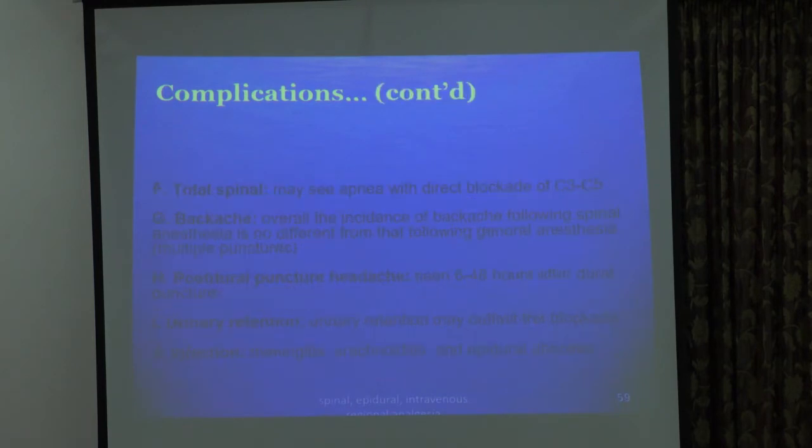Total spinal, where your spinal goes all the way up to your phrenic nerve, and then the patient cannot breathe. There's also backache in patients who do spinal a lot. And then you have the post-dural puncture headaches you did talk about.